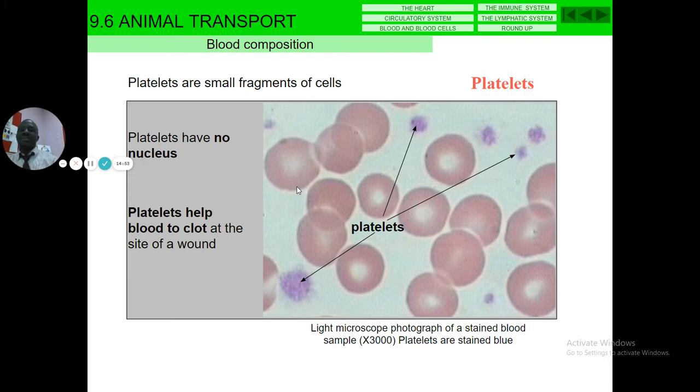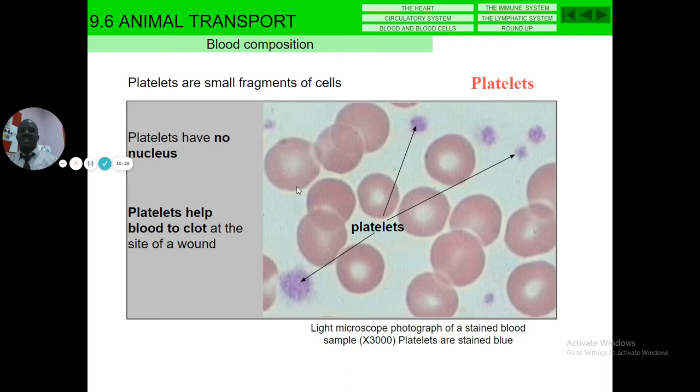Thrombokinase is important in converting a soluble protein, prothrombin, to thrombin. Then thrombin will facilitate the conversion of soluble fibrinogen in blood into fibrin, which forms a network of fibers that prevents blood from oozing out.